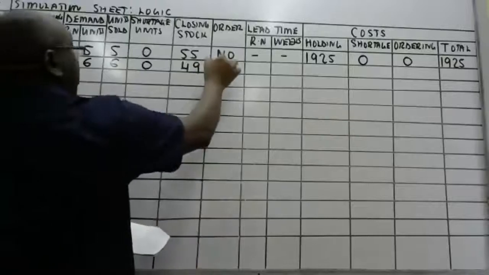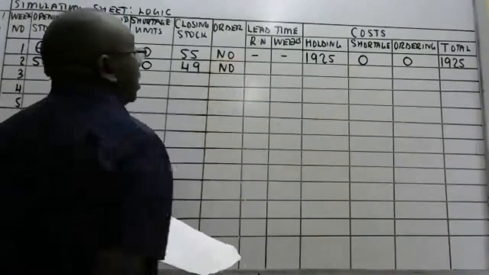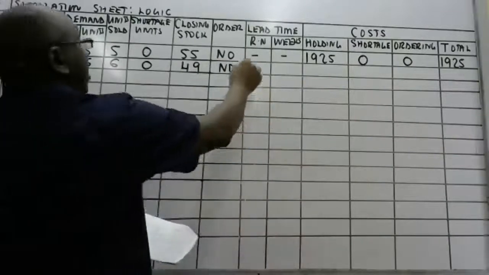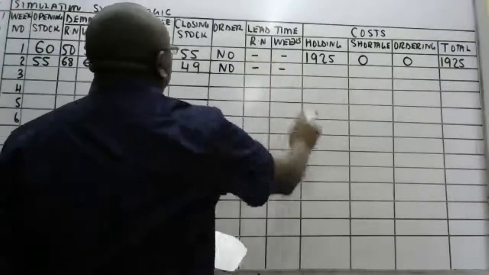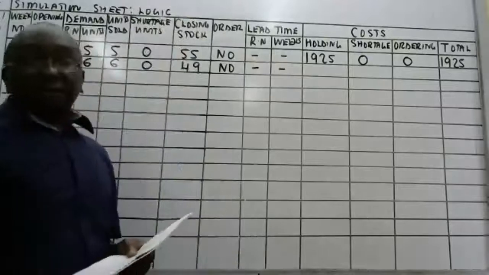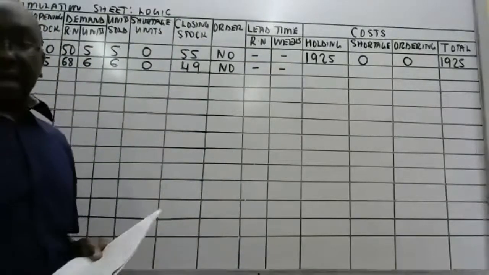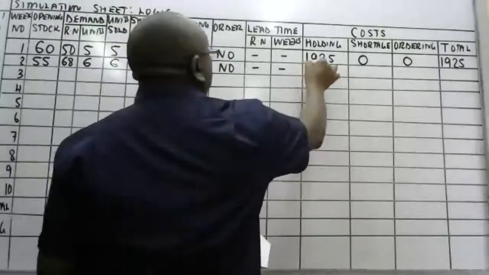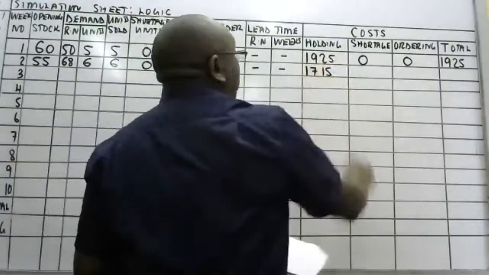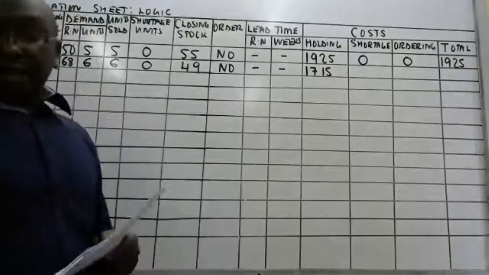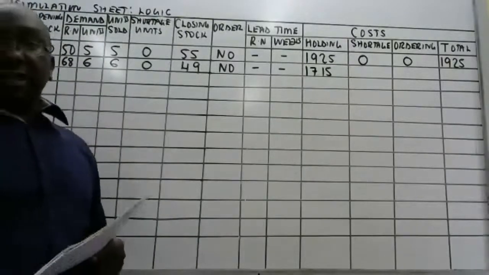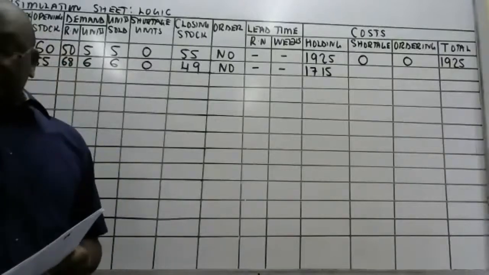We are not placing an order because we are not yet below our level. So nothing in the lead time. So multiply 49 by 35 and give me the answer, 1715. And I'm getting answers only from one person. The others need to give 2 or 3 or 10 figures so that I'm able to confirm accuracy.